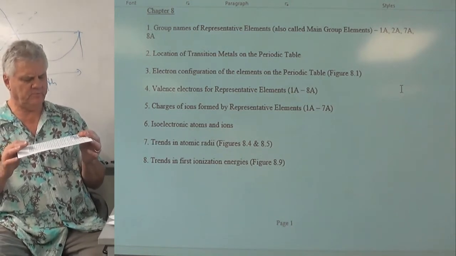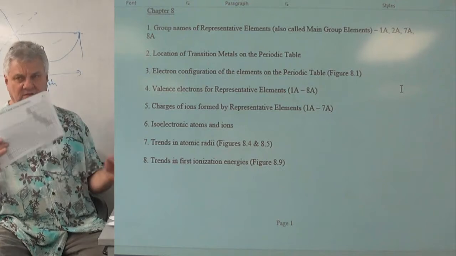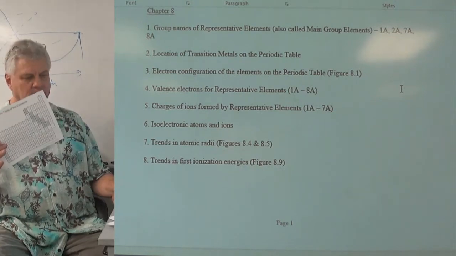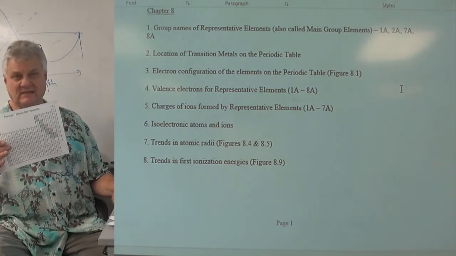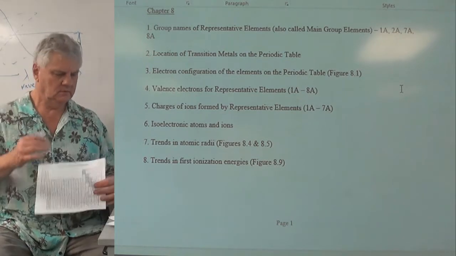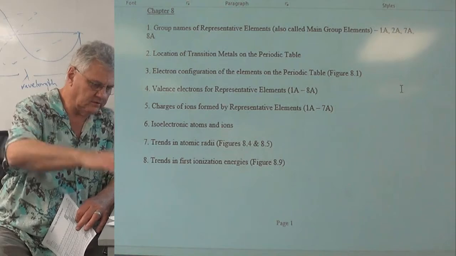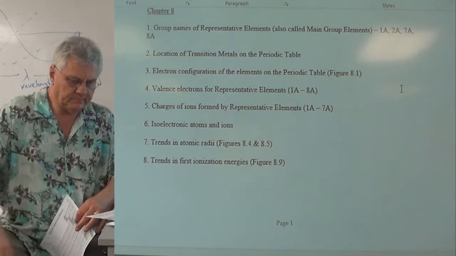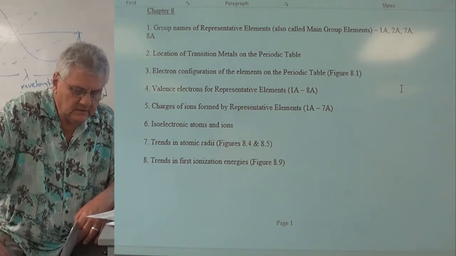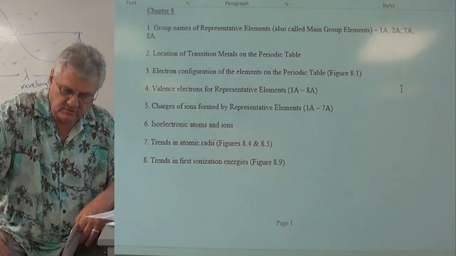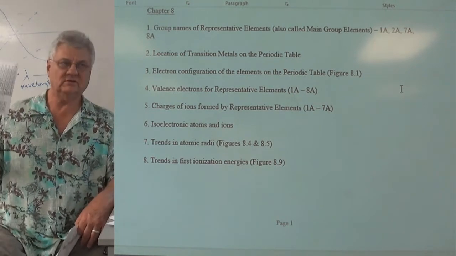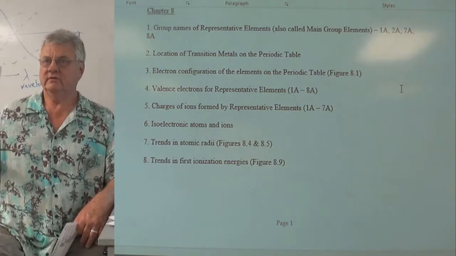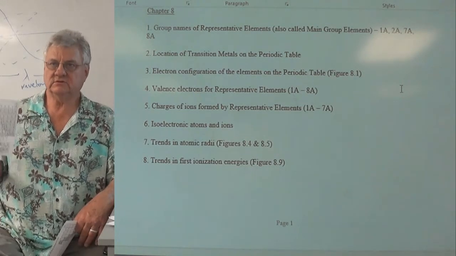The oxygen group, how many valence electrons does oxygen have? 6. Yes, 6. It's the same as the group number. And if you look at the electron configuration, the valence electrons are 2s2, 2p4. For the main group elements, this also shows you where the valence electrons are.